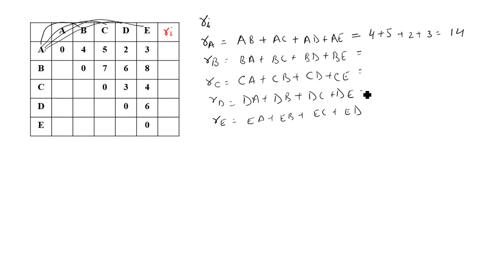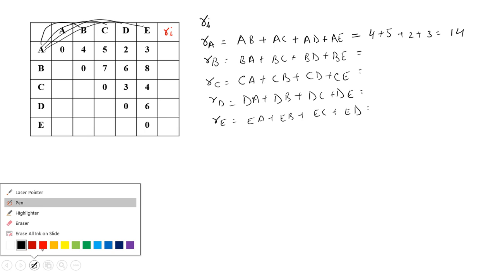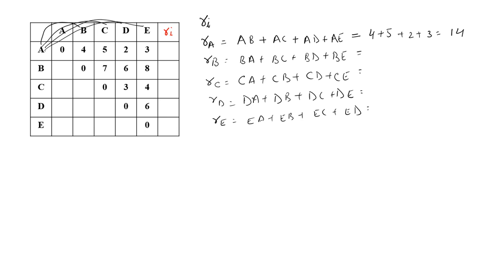Likewise you will do all this calculation. You can pause this video for a minute and solve all these values and cross check your values with the solution which I am going to put here. If you have any further doubt, you can drop your doubt in the comments. I'll revert to you. So this value is 14.